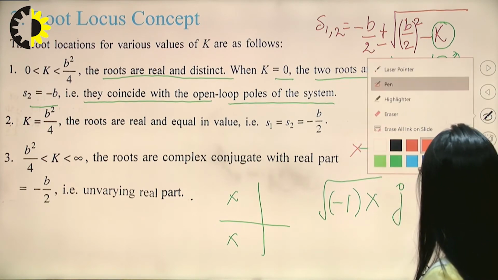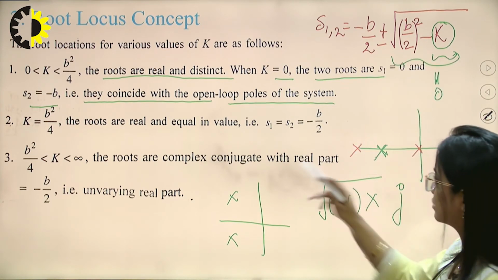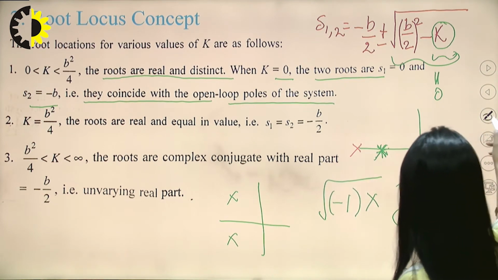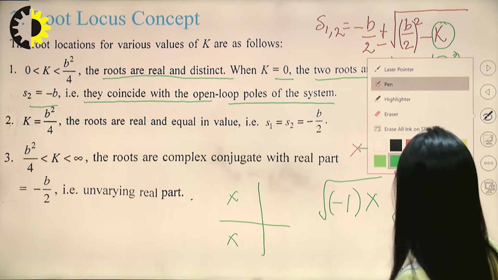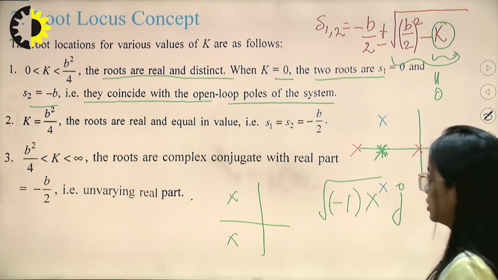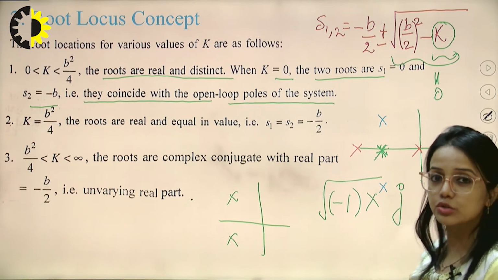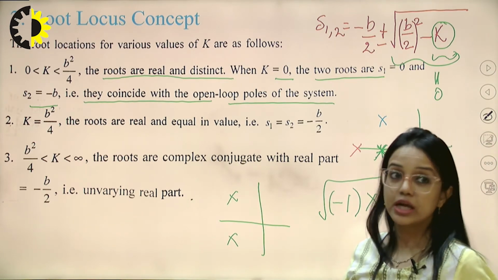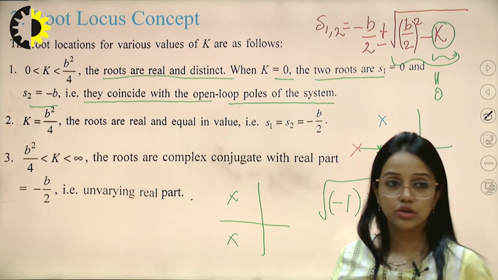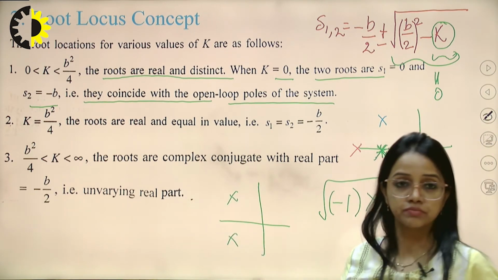Let's call the second condition with green, where we have repeated poles at the same position. And next we have the third condition where the poles are complex conjugates. So if I draw this movement, what I'm actually doing is increasing the value of k from 0 to infinity.